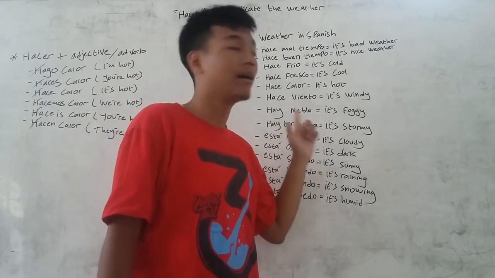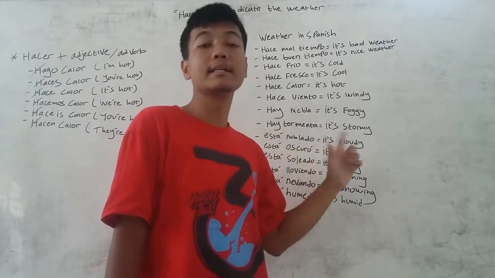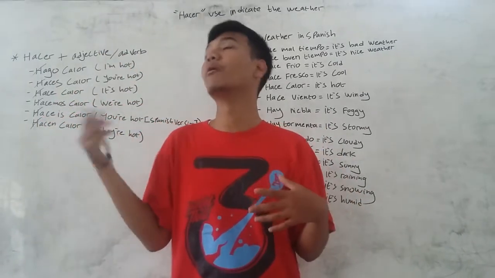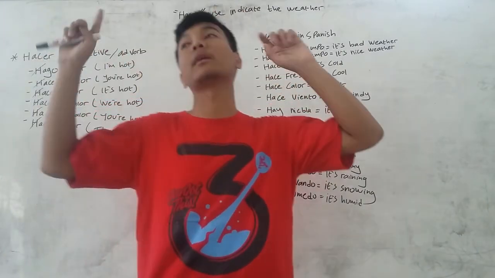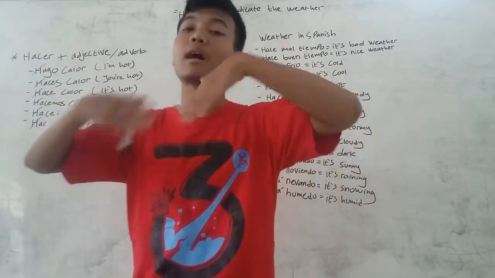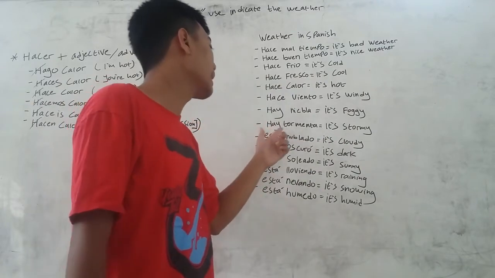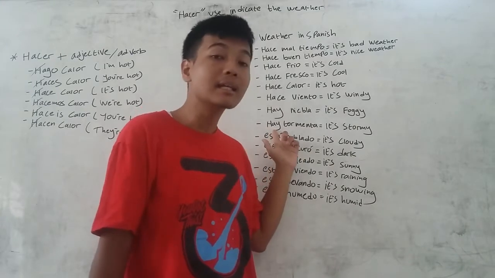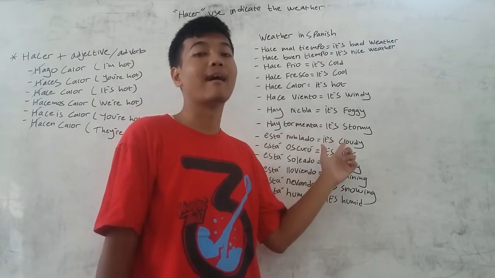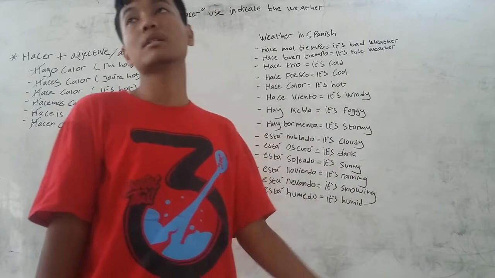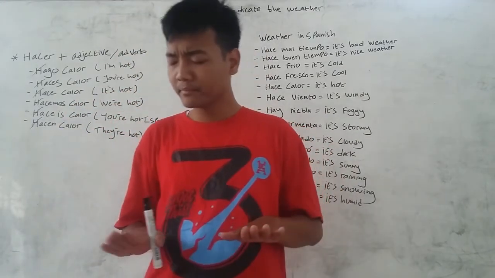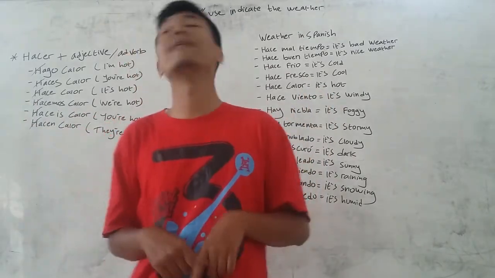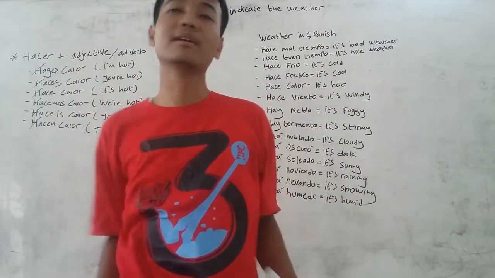Hay niebla. It's foggy. Foggy itu kayak berkabut gitu loh, biasanya di pagi hari. Jadi pokoknya berkabut gitulah. Hay tormenta. It's stormy. Stormy itu apa? Geledek, mau hujan, badai, geledek gitu loh di awan.